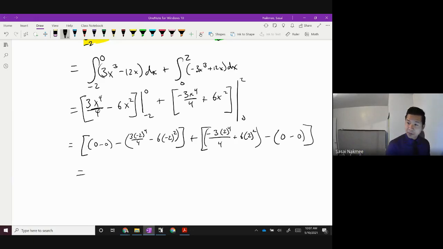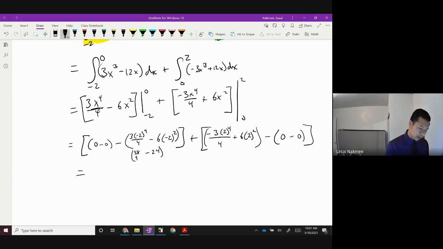This whole thing is going to be equal to 0. So, -2 to the fourth is going to be, what is that going to be? 16? Yeah, that'll be 16. 16 times 3 is 48, if I'm correct, right? So this should be 48 over 4. This right here will be 4 times 6, which is minus 24.